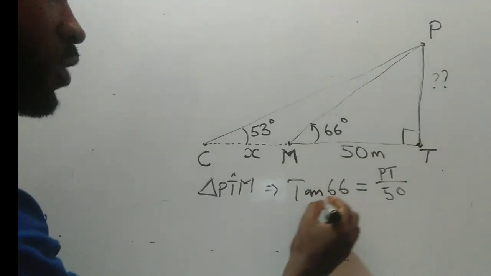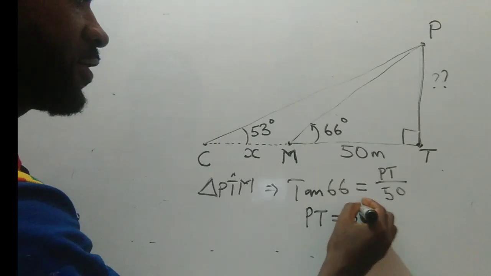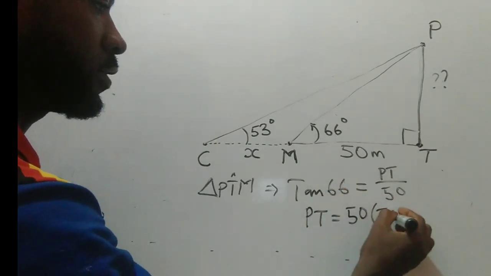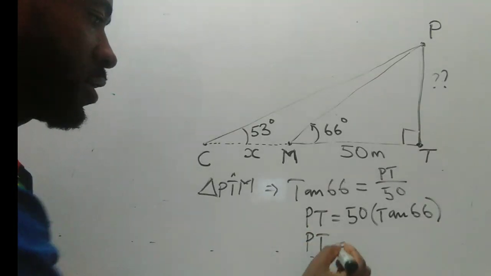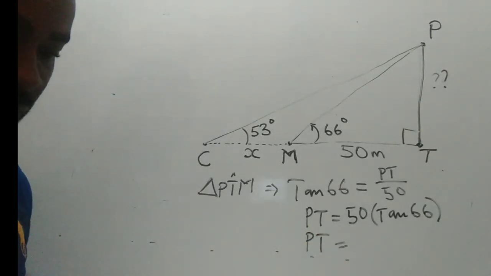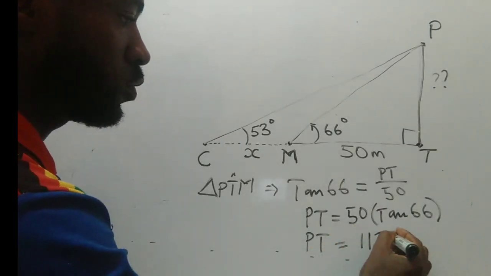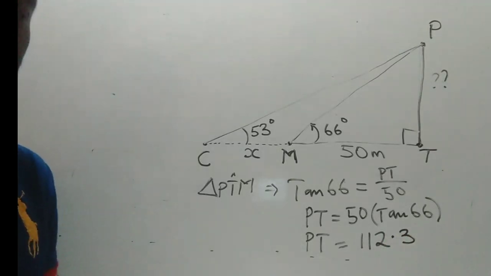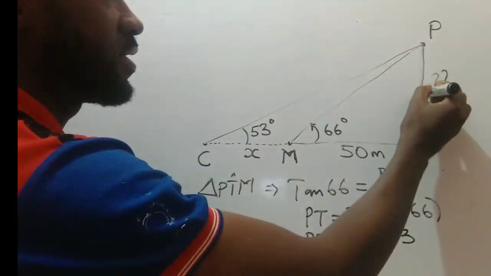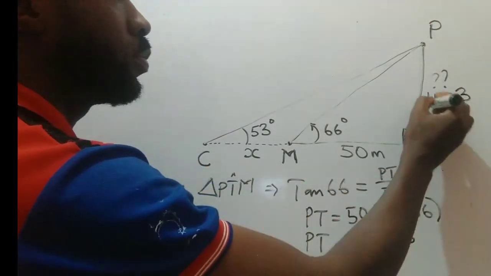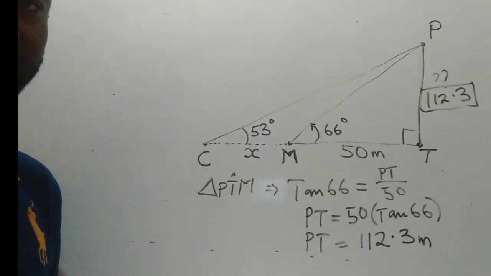When you cross multiply and make PT the subject of the formula, that means 50 multiplied by tan 66. And therefore PT, I've already done the calculation of this, will give me 112.3. So this is our solution to question number BI. So the height here is 112.3 meters, since the question is in meters.